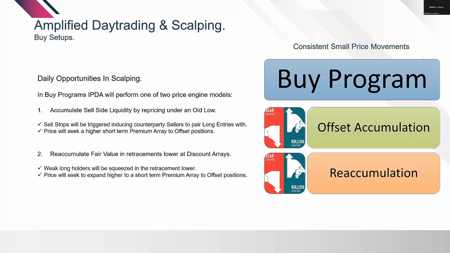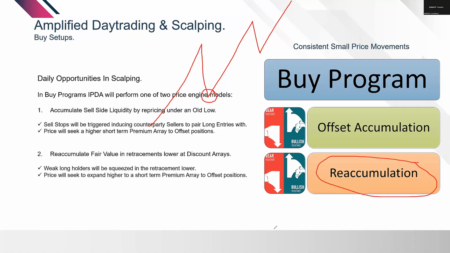We've got what we call offset accumulation, and we've got reaccumulation. This takes us back to swing trading and short-term trading. When the market is bullish, it's going to the upside. The return to fair value, we refer to as reaccumulation.